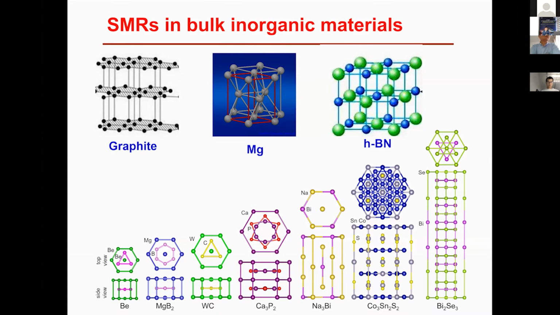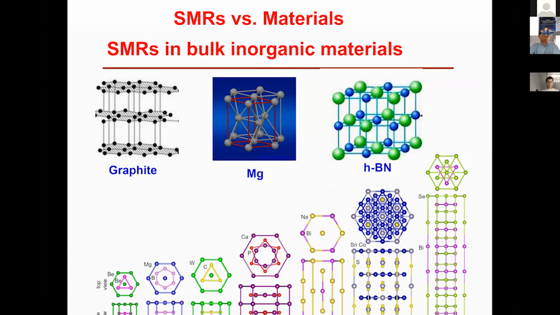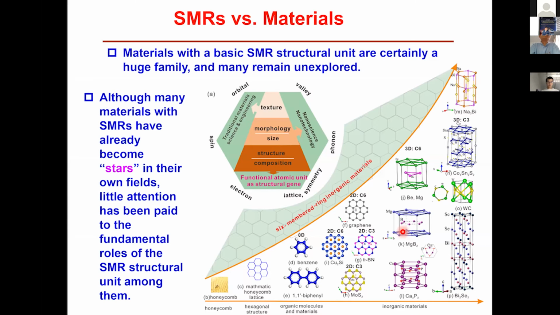So therefore, it seems that there are many materials with a basic six-member ring structure unit.